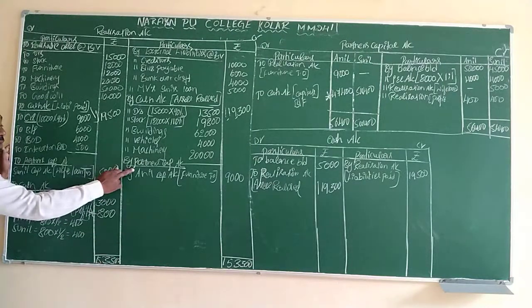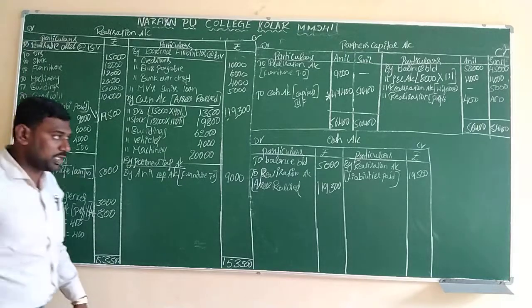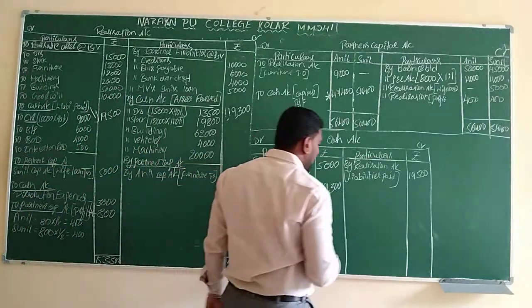Let's come to step number 5. We won't use the term cash account. Step number 6, here also we won't use the term cash account. Step number 7, we use the term cash account. What is that? Dissolution expenses. Where are we going to get this value? The debit side of the realization account. It will come to the credit side of the cash account.